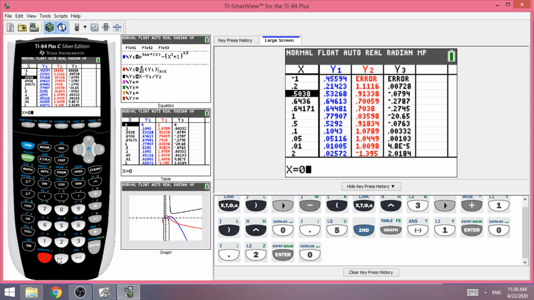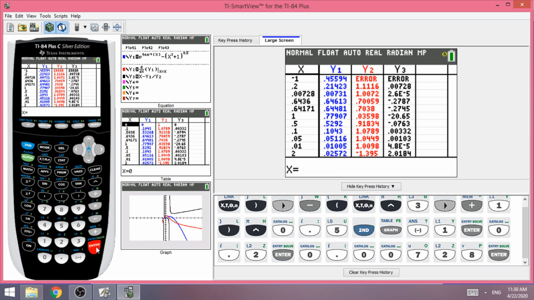Okay, plug in that number, 0.00728. And then we got 2.6 times 10 to the power of -5. It's scientific notation. It's getting very close to 0.